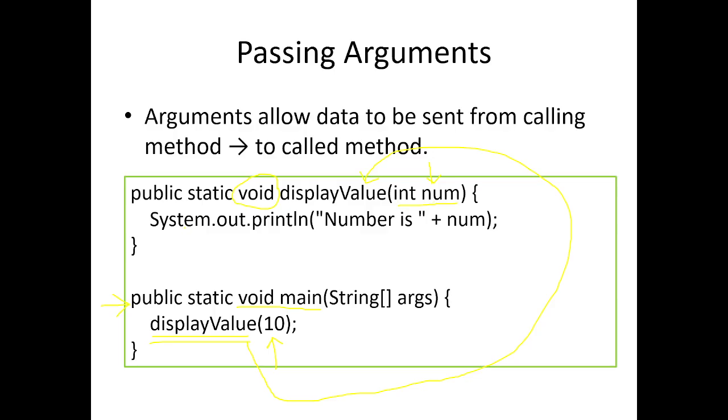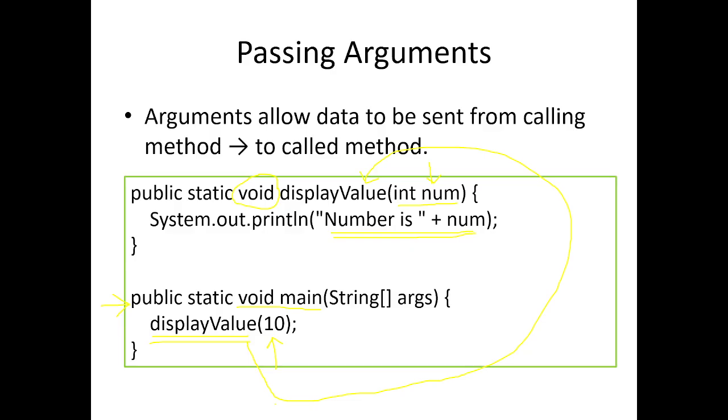In this task, the task is to display number is num. Basically you can see that there is no value for this num in the structure of display value. Correct? There's no value. So when display value 10 in the main structure sends this 10 to this int num, this argument will receive any value of the parameter coming from your main structure.